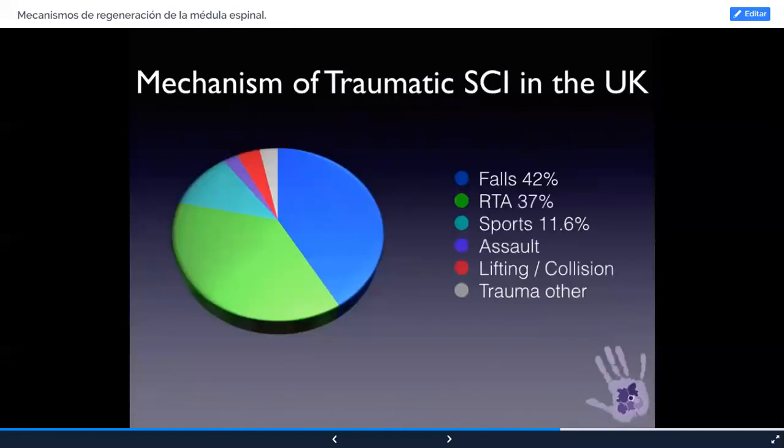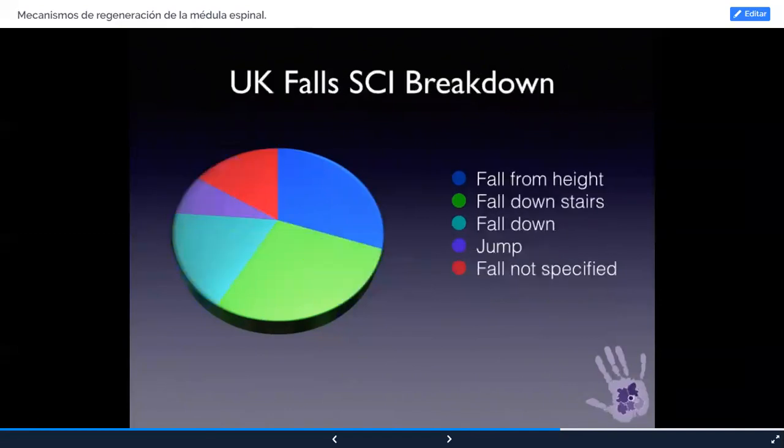Now, in the UK, 42% of traumatic spinal cord injuries are the result of falls, 37% from road traffic collisions, and 11.6% from sports. The breakdown here shows the fall from a height, fall from stairs, fall from standing height, or jumping injuries, and the non-specified.